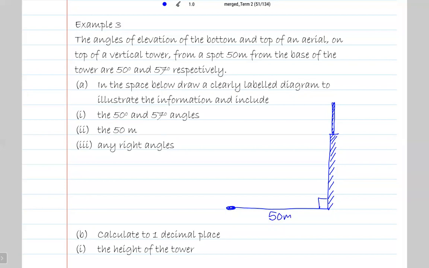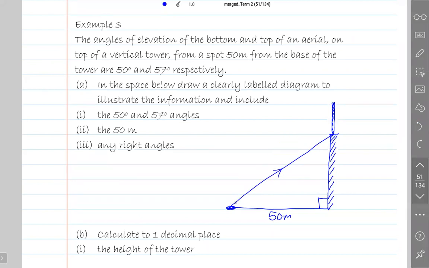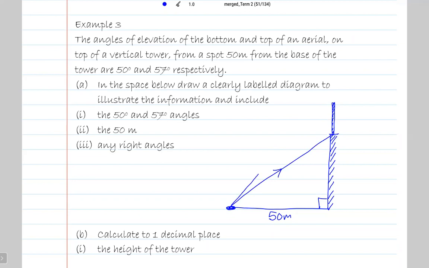Now, from this spot, the person is looking at the what? The bottom of the aerial, and he's also looking up at the top of the aerial. The person at this spot is looking at the bottom and at the top of the aerial. So that would be his line of sight.